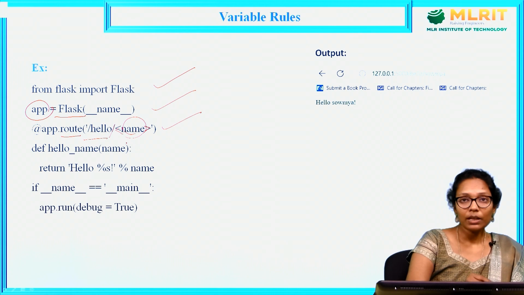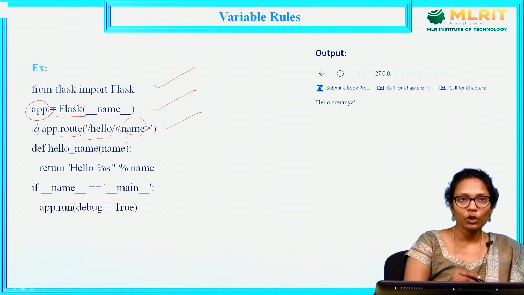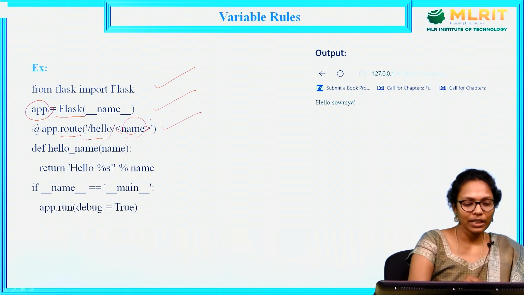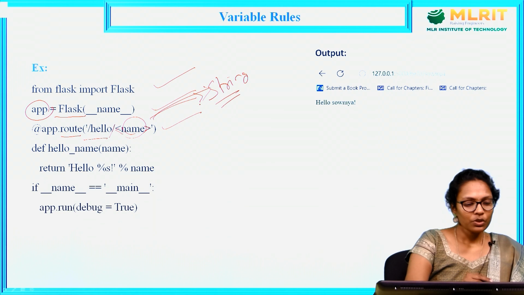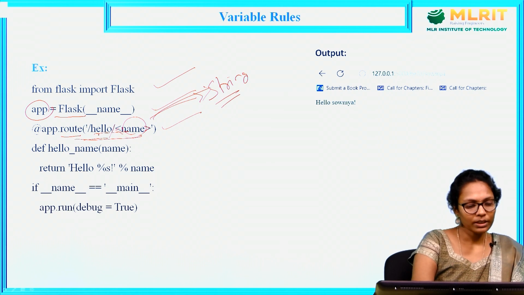Here I'm not specifying any data type. If you don't specify a data type, the default data type is string. So name is a string variable. For this URL, the view function will be hello_name.